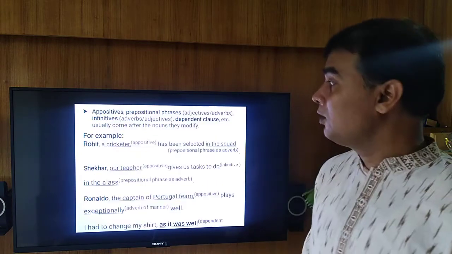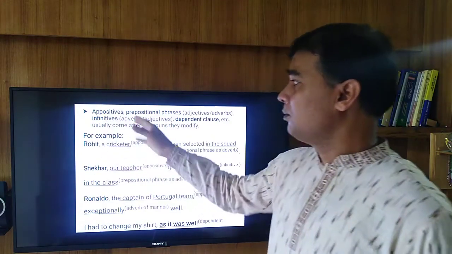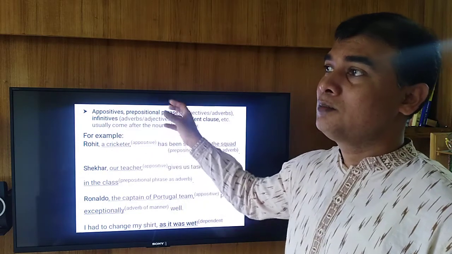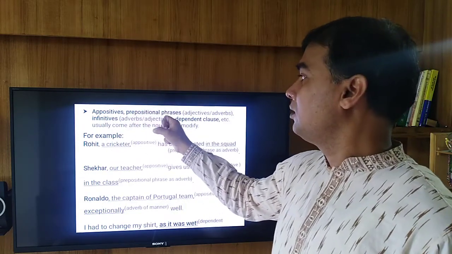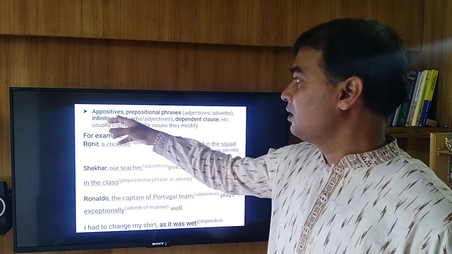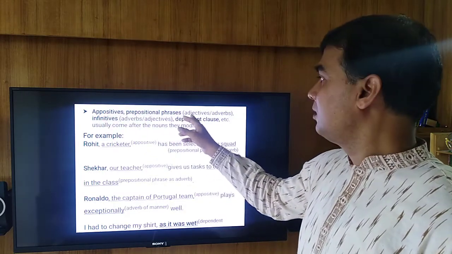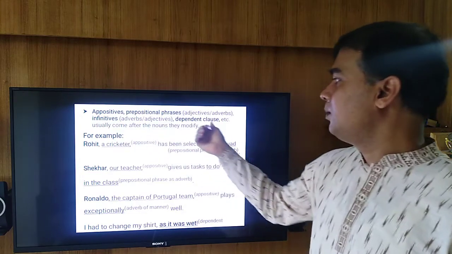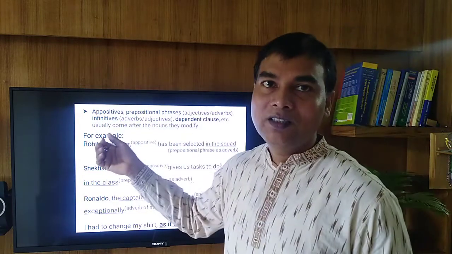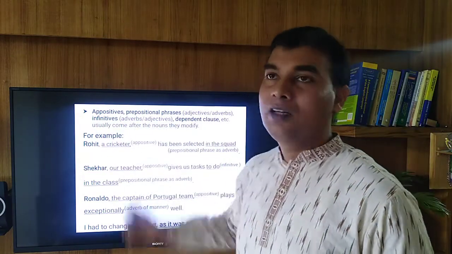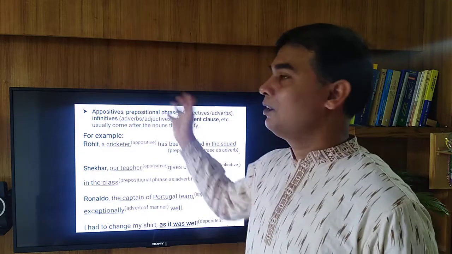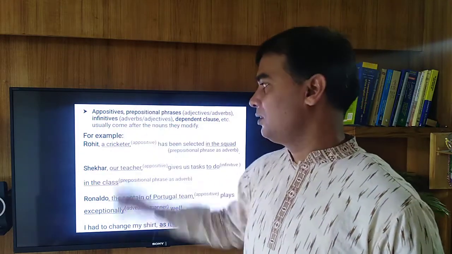Before the example, I am going to tell you what are the most common post-modifiers: appositive, prepositional phrase, infinitives, dependent clause. Usually they come after the nouns they modify. So they are all post-modifiers.